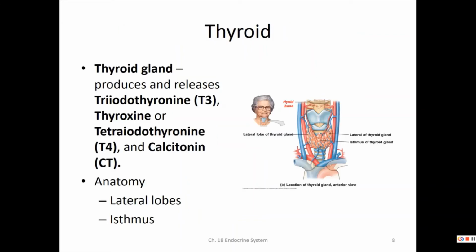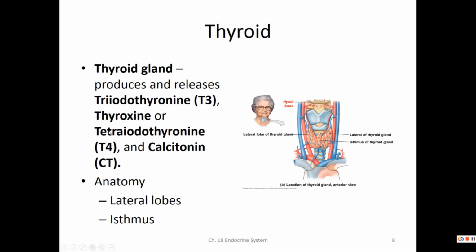Now, thyroid. Thyroid was in your neck. Now, we say the thyroid gland. We know the thyroid gland releases thyroid hormones, T3, T4. T3, triiodothyronine. Sorry, T3 is not thyroxine, it's triiodothyronine.